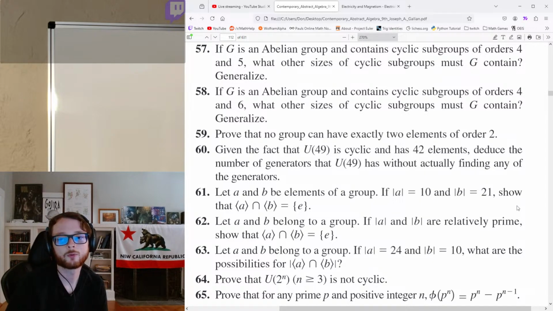If G is an abelian group and contains cyclic groups of order 4 and 6, what other sizes of cyclic subgroups must G contain? Oh god.